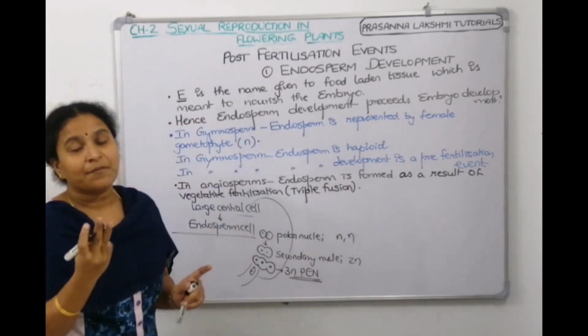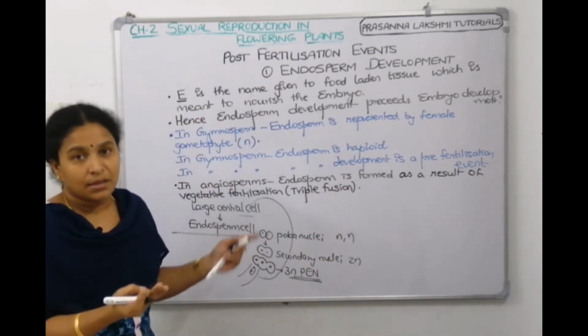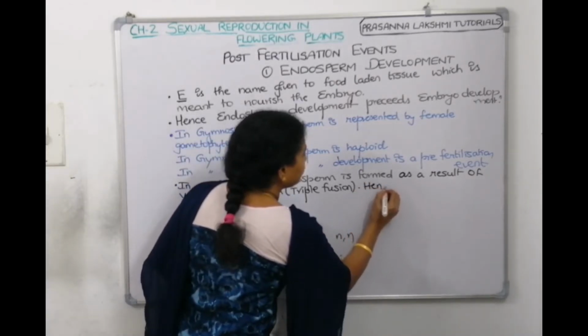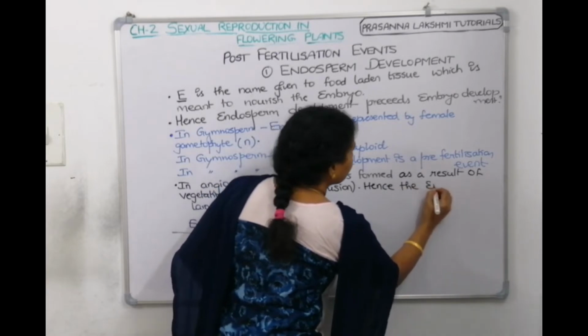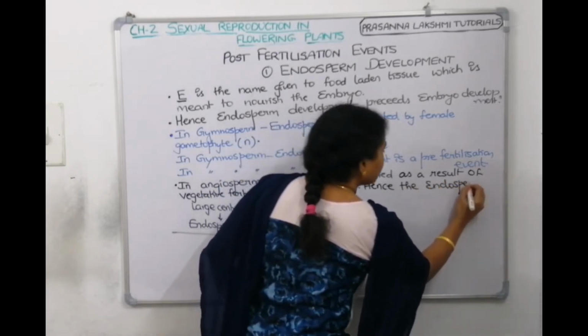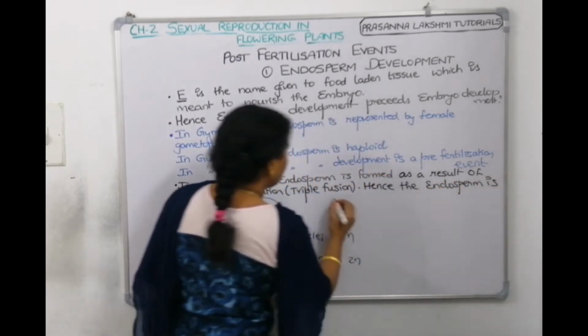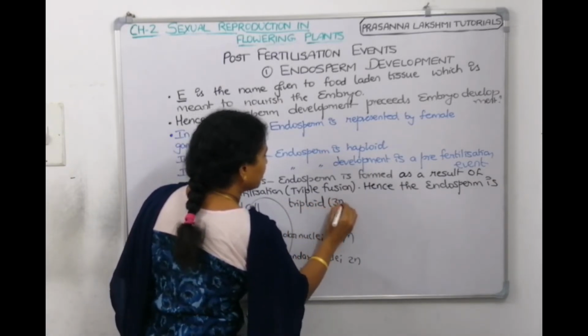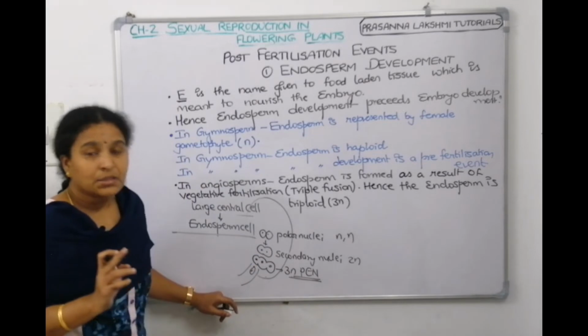Since 3 nuclei are fusing, in angiosperms the endosperm is triploid. We'll write it here: it is triploid. Triploid means, children, 3N.